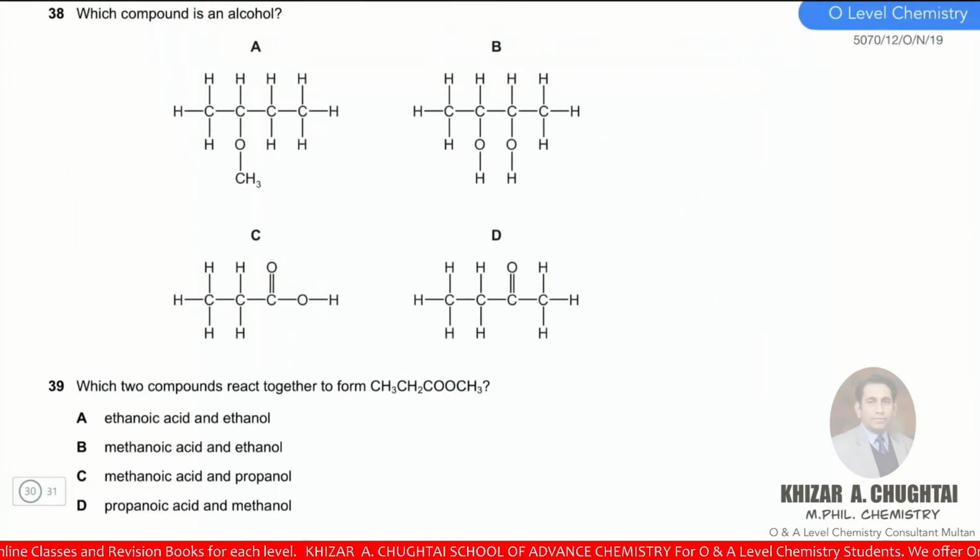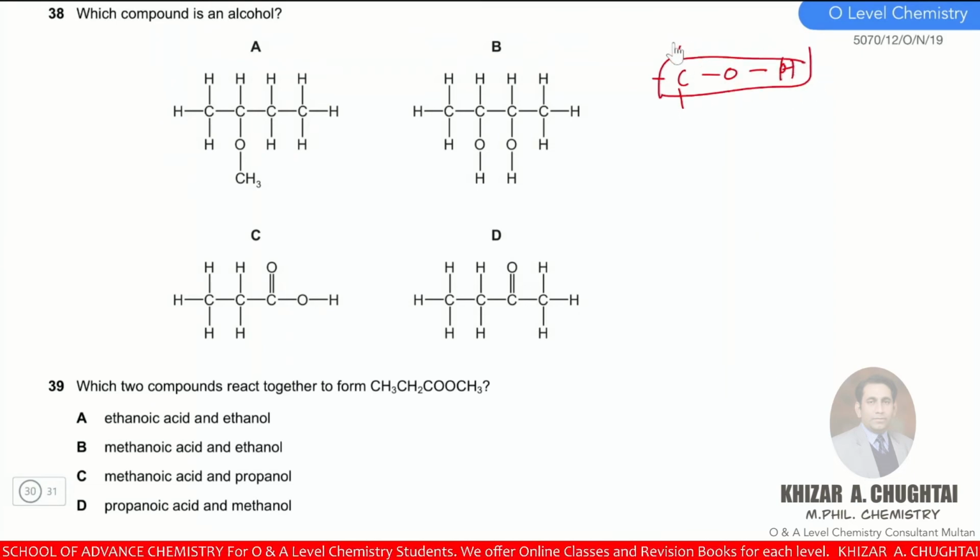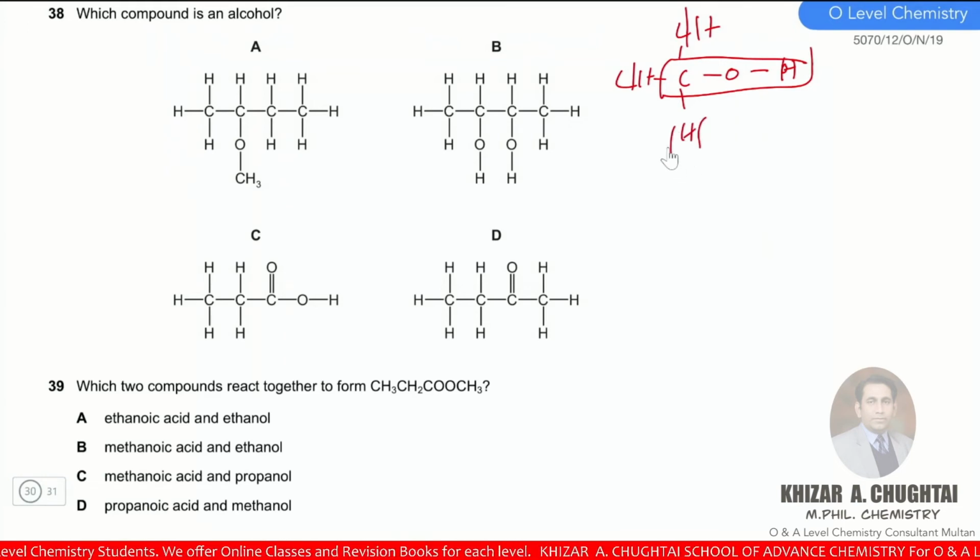Question number 38. Which compound is an alcohol? A compound is an alcohol if it has a C-OH group, a simple carbon that does not have any C double bond O. There may be carbon or hydrogen on the other bonds.